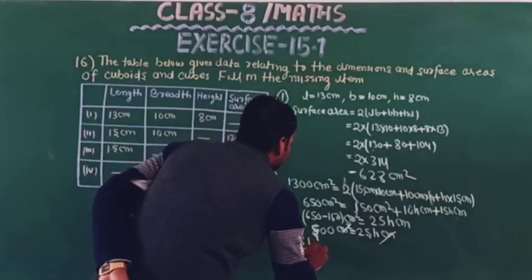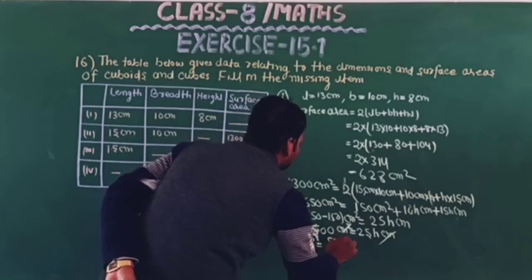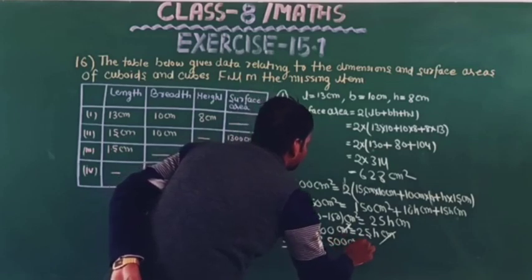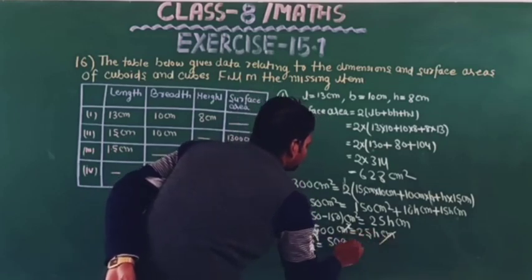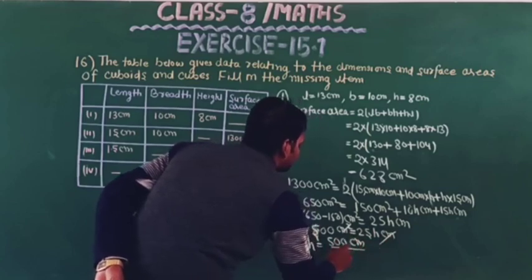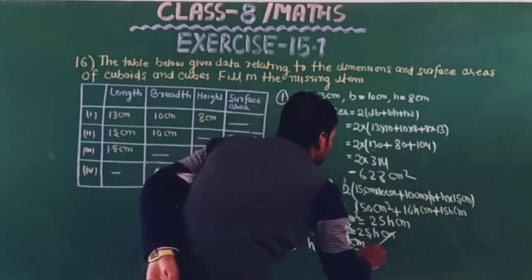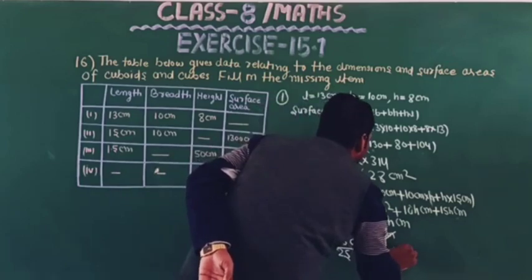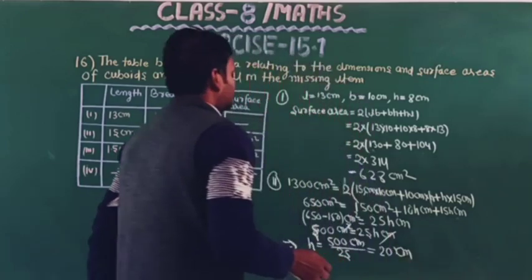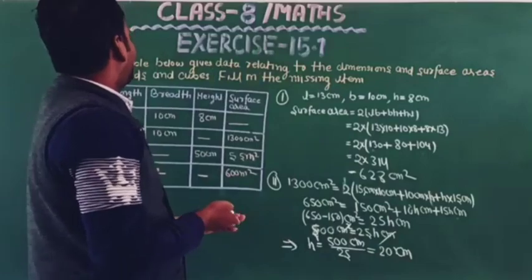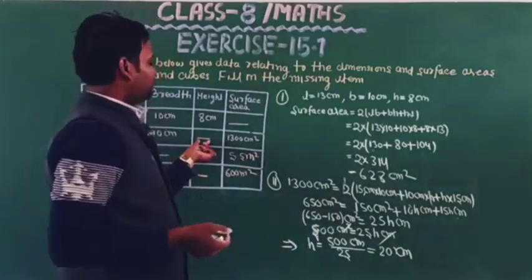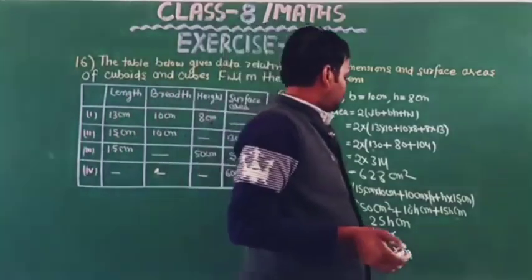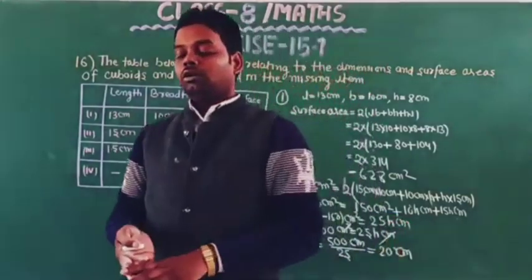Now find the value of H: we divide 500 by 25, so we will get the height. The missing height of the cuboid is equal to 20 centimeter.